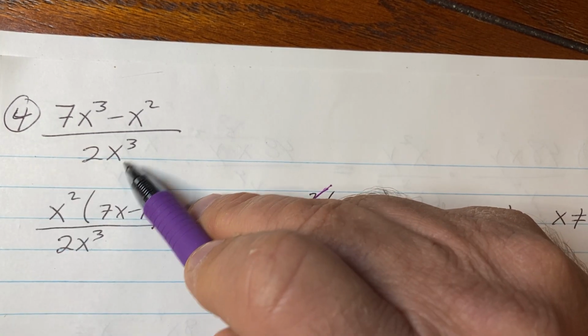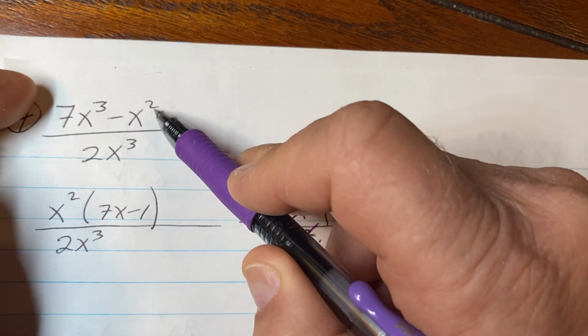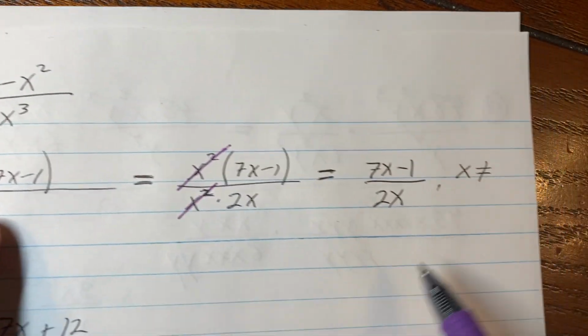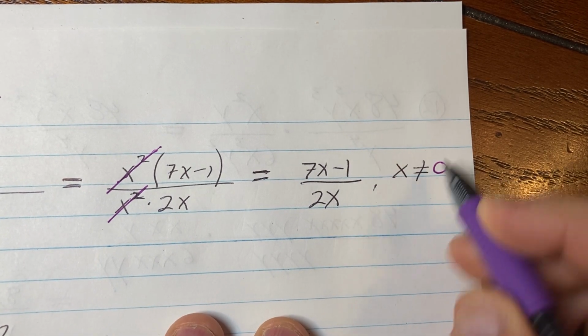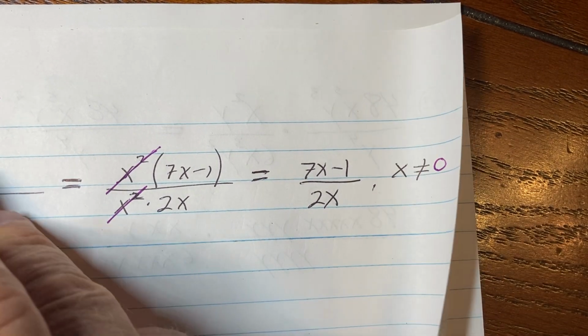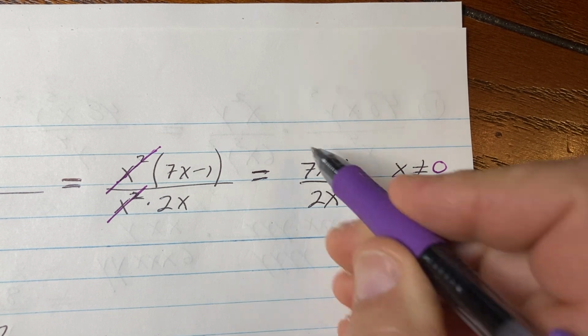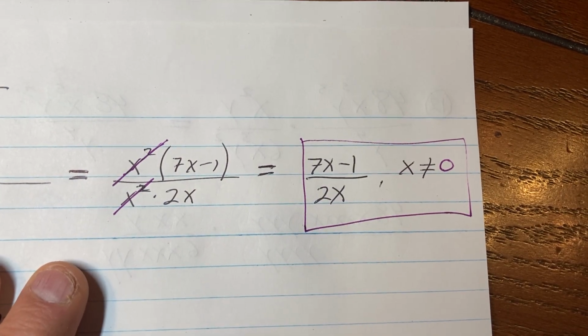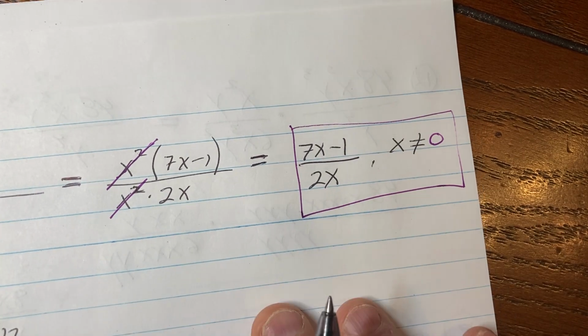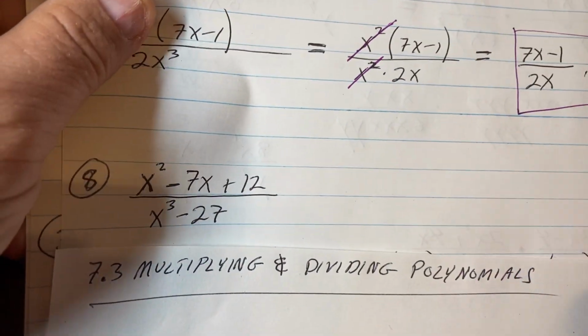When x is 0. You divide by 0, which is undefined, so x cannot be 0. Is there anything else there? Nope, that's it. This is your answer. Done. Go to the next problem.